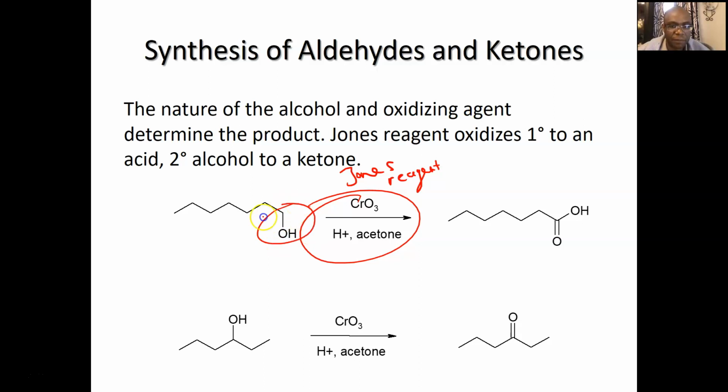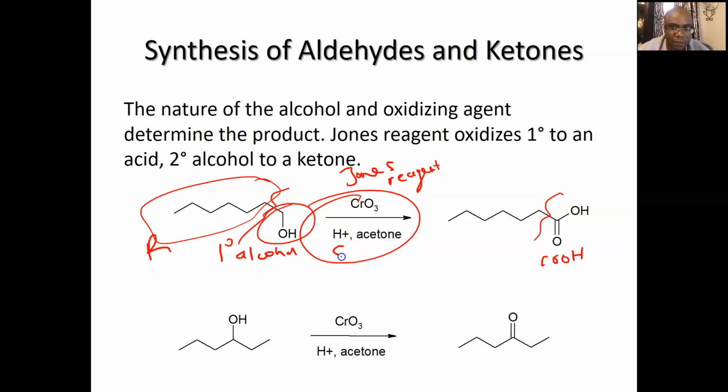So I expect this is primary alcohol because you only have one R group. I expect it to be oxidized all the way to the carboxyl group because this oxidizing agent is very strong. This is a secondary alcohol because I see two R groups. That's one of the R groups, this is the other R group.